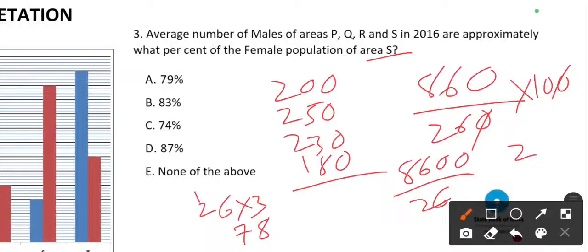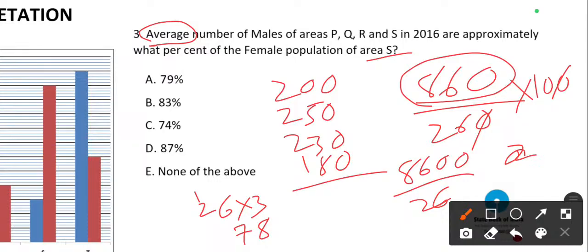Is there any mistake I made? Let me cross check. Here we need to take the average also. Here total we got 860, and here it says average. This is the mistake I made.